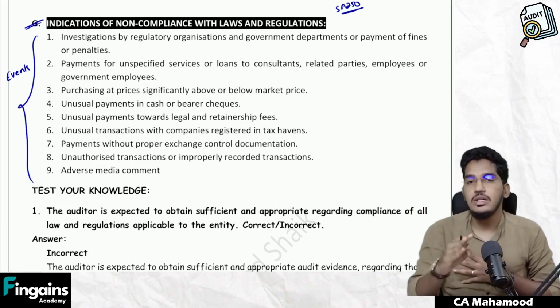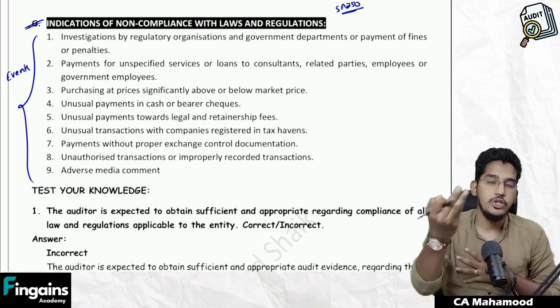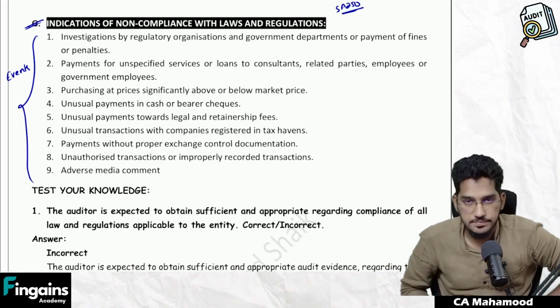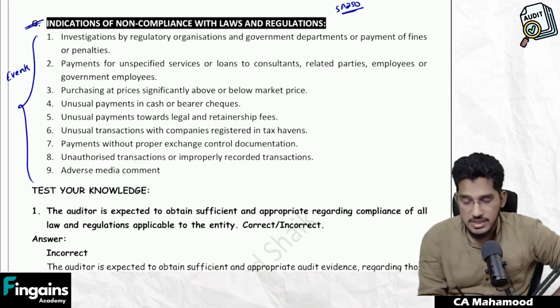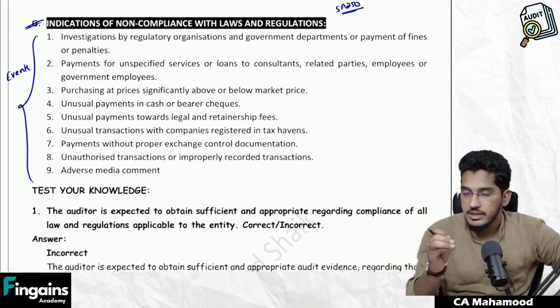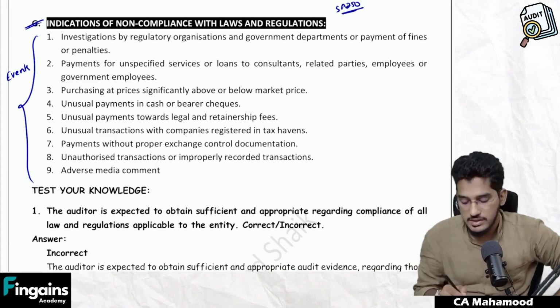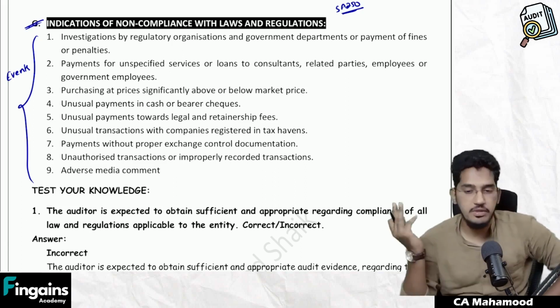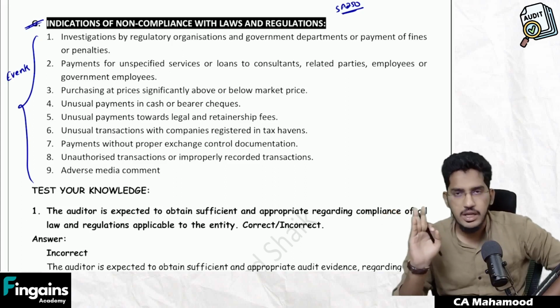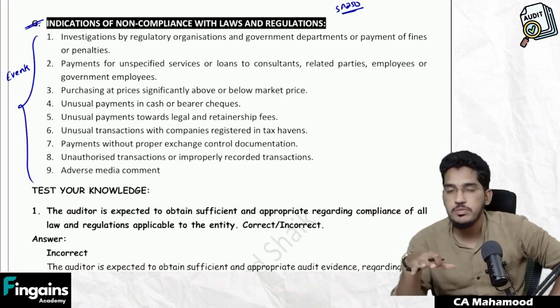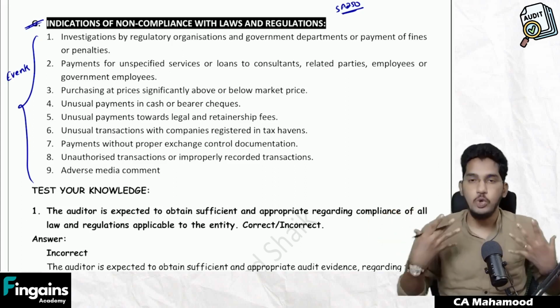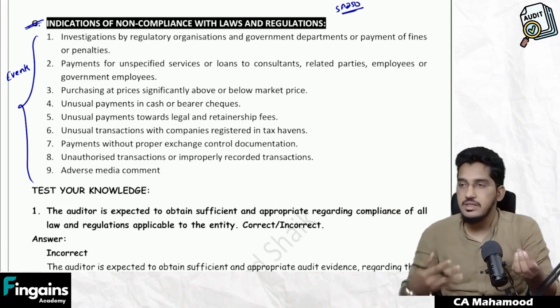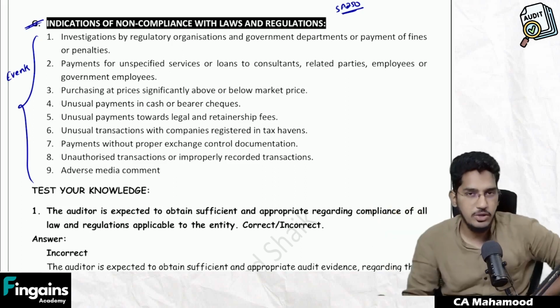Whether non-compliance is actually there or not, you need to perform audit procedures and find out. These circumstances only give you a hint. There could be a possibility of non-compliance. You should become overcautious, perform procedures, and find out whether non-compliance really happened or not.